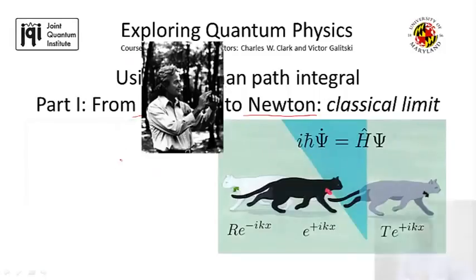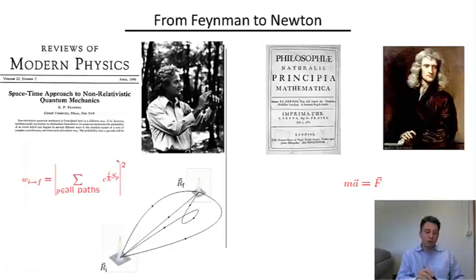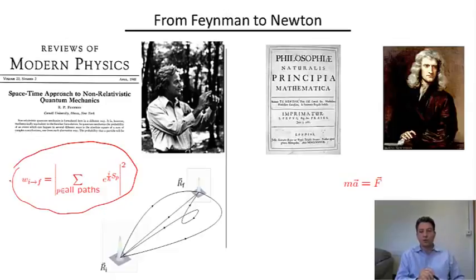So more precisely, I'm going to start with an expression that we discussed in the previous lecture, which tells us that the probability of a quantum particle to go from an initial point r sub i to a final point r sub f can be written as the absolute value of a sum over all classical trajectories, which symbolically represents what we call the path integral of these individual quantum mechanical transition amplitudes.